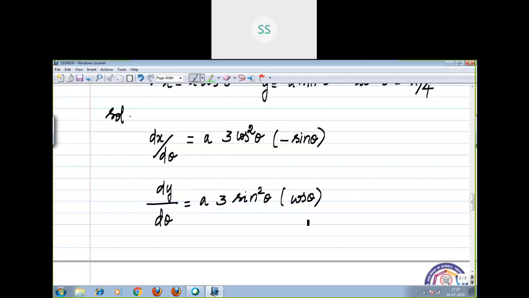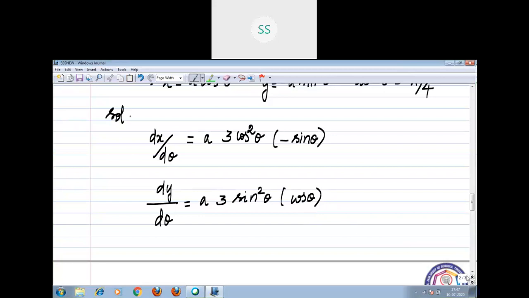But we need dy by dx. That means what do you want to do? You are going to do dy by d theta divided by dx by d theta, right? That step I am going to do now. Right, children?